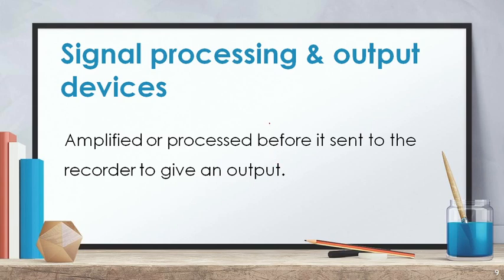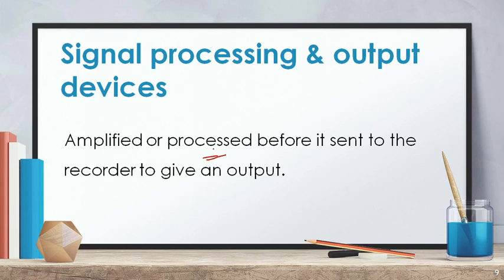Both beams are amplified by the signal processing device, called an amplifier. So these are the basic requirements of an IR instrument.